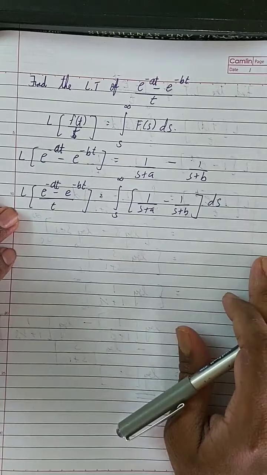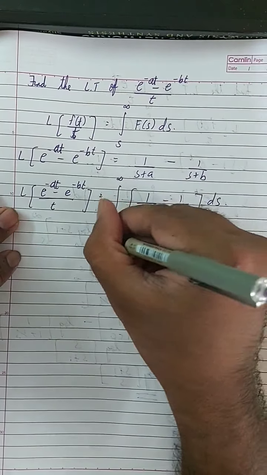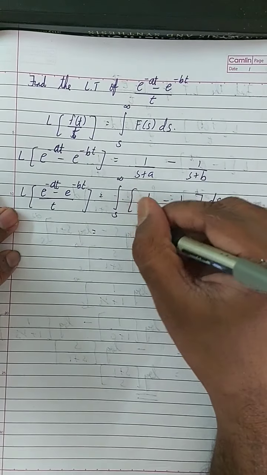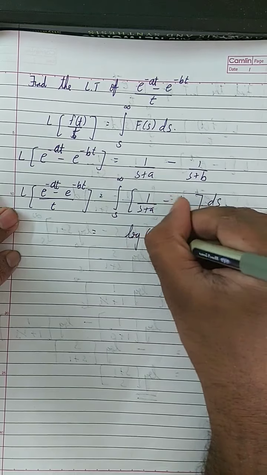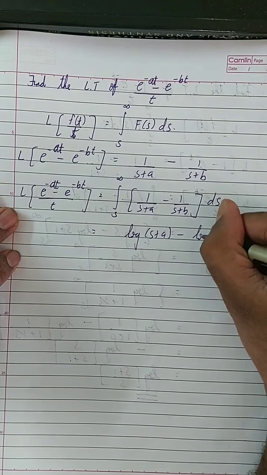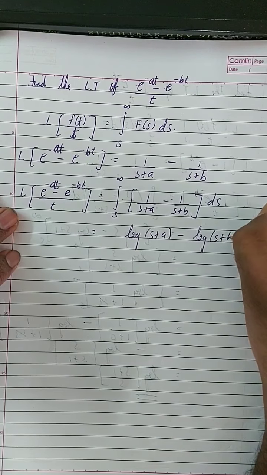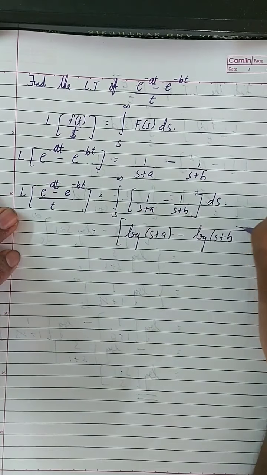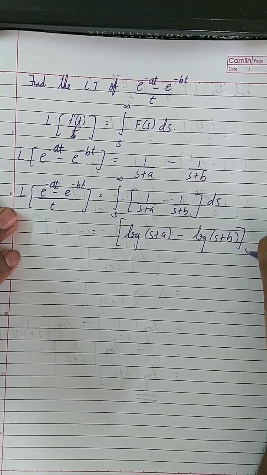Okay, so what is the integral of 1 by s plus a? It is log s plus a, and the integral of 1 by s plus b is log s plus b. Therefore it is limit from s to infinity.